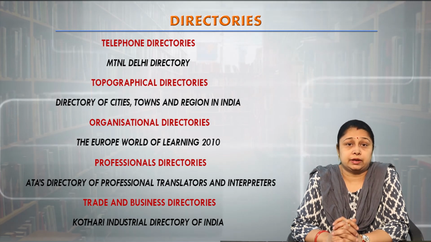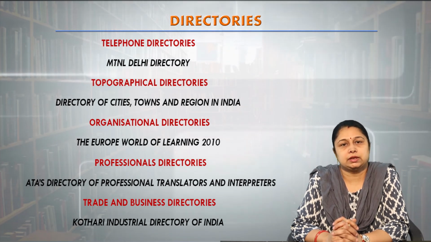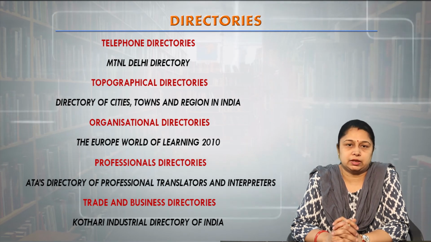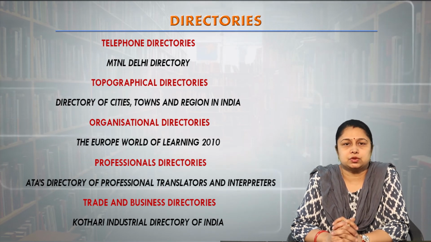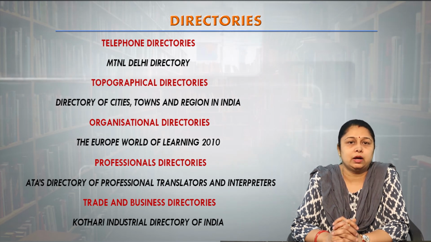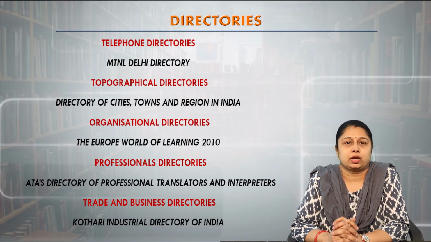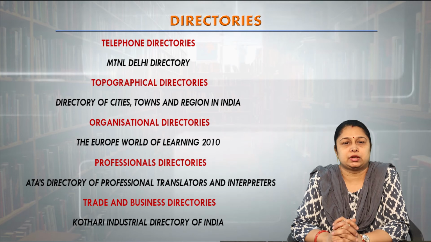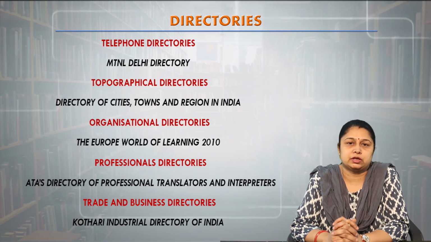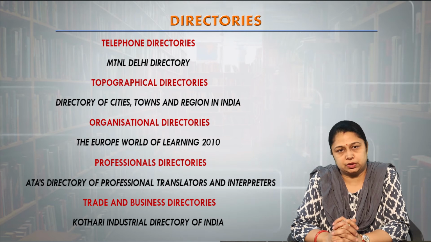These are like directories of cities, towns and regions in India. Then come the organizational directories, which are related to a specific organization, like Europa World of Learning. Then come the professional directories, like the ATA directory of professional translators and interpreters.